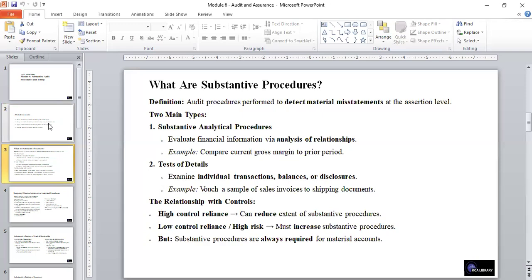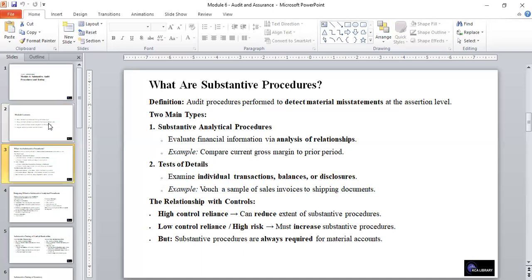We have two types of substantive procedure. The first is the substantive analytical procedure, which evaluates financial information via analysis of relationships. An example of this is comparing current gross margin to prior periods.